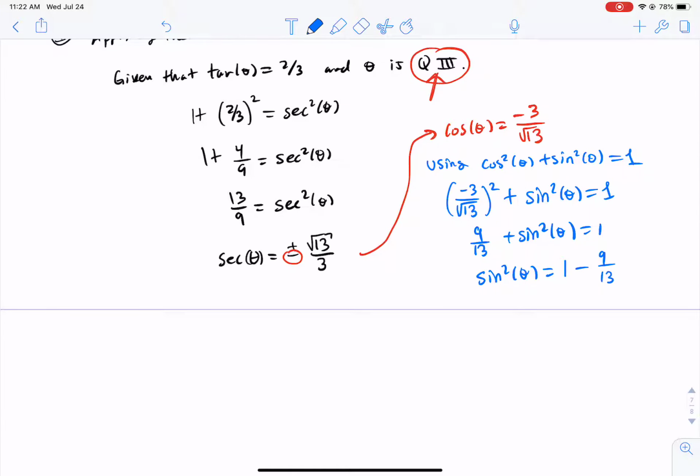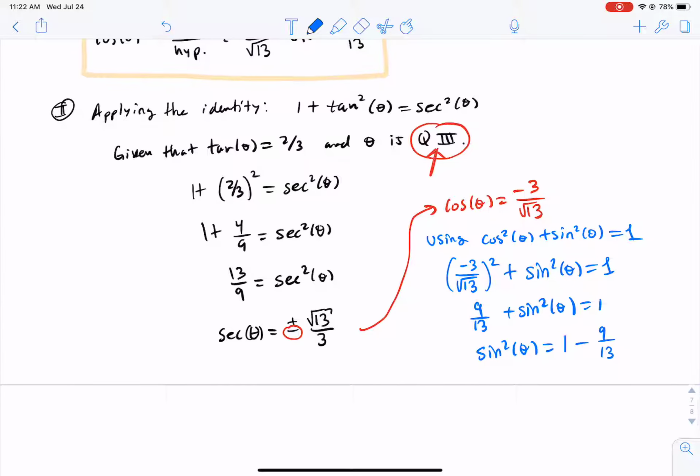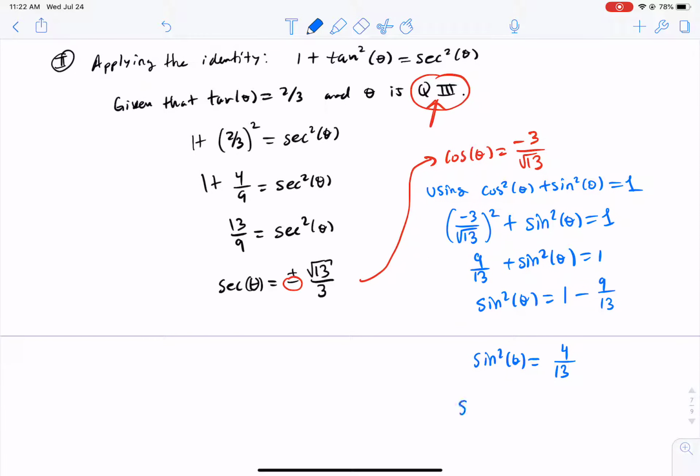Not 5, 4. So sine squared is equal to 4 over 13. So what is sine theta equal to? Plus or minus 2 over radical 13.